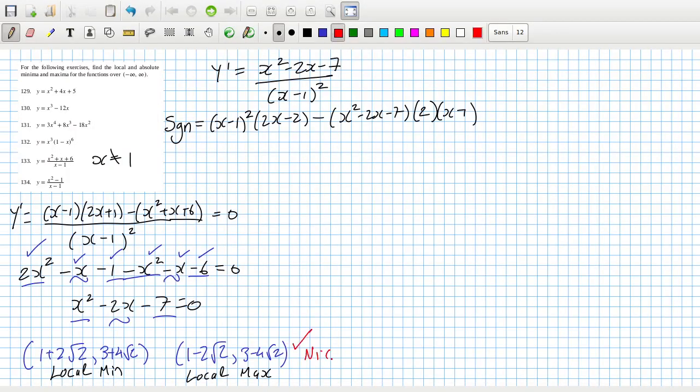Nice. Okay, and lastly, 134. y equals x minus 1 times x plus 1 over x minus 1. And if we do not allow x to be 1, then this function can be simplified to just x plus 1.